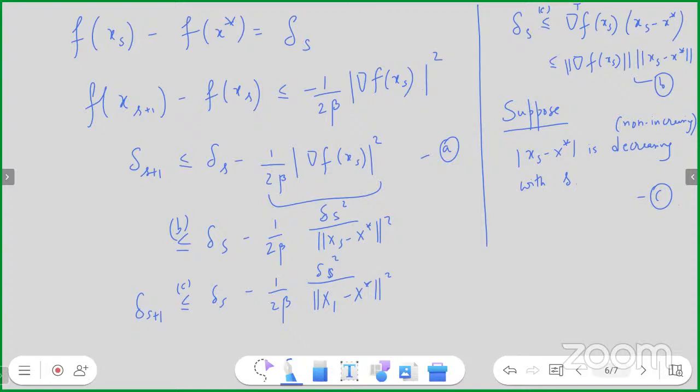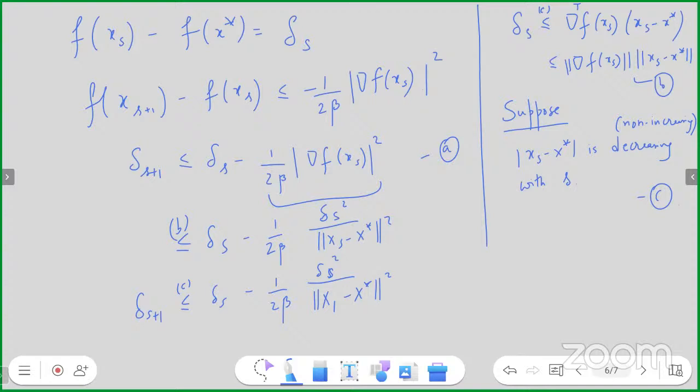What is your strategy? You might have seen such recursions before in life. At least give me an argument that this is decreasing. That's not difficult, but just to start.